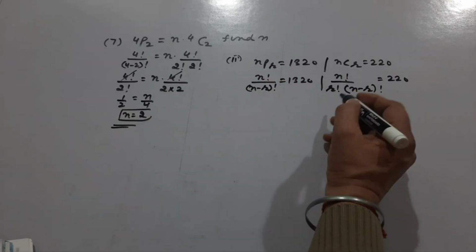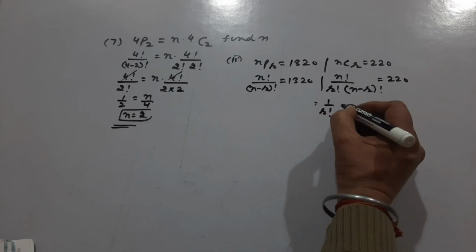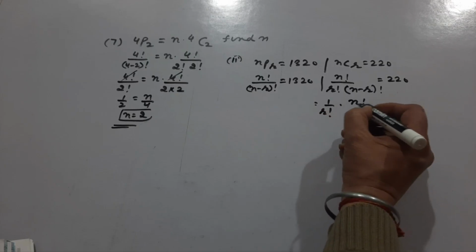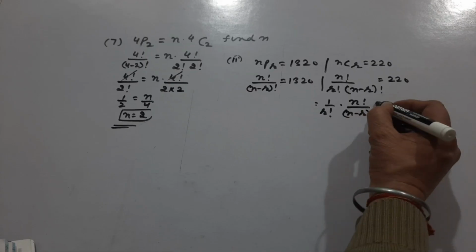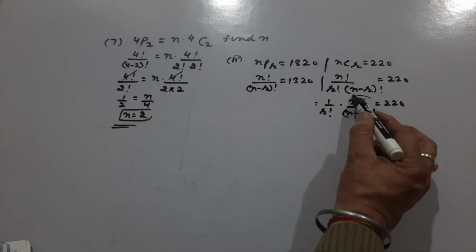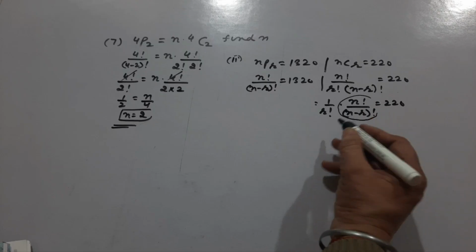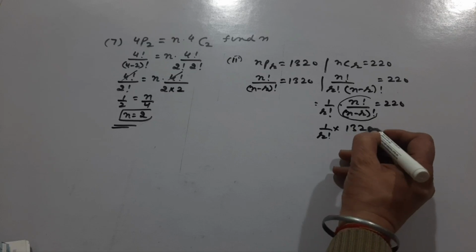Now students, here I am writing it like this: 1 upon r factorial into n factorial upon (n minus r) factorial equals 220.